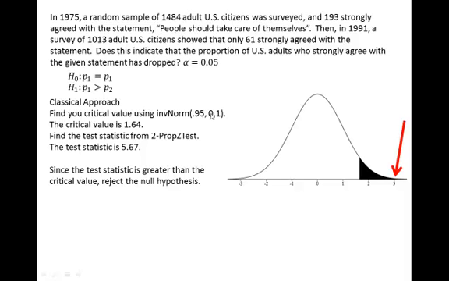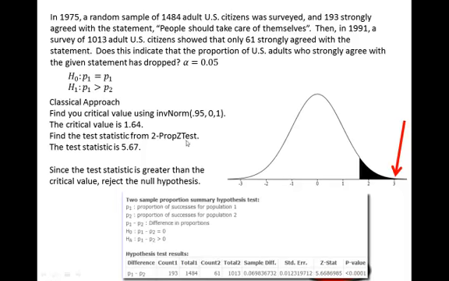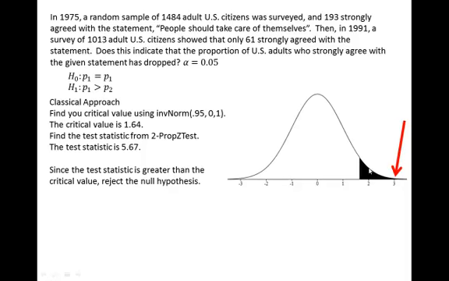Standard normal distribution, mean is 0, standard deviation is 1. So our critical value is 1.64. And our test statistic that we got from our 2-prop-z test is 5.67. When we plot that point, it's far to the right. And since it's within our critical region, it's in the shaded area, then we reject our null hypothesis.